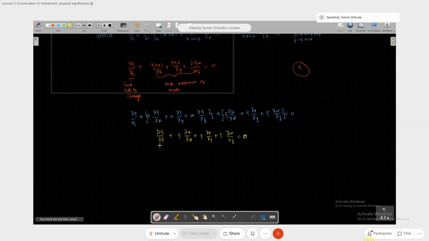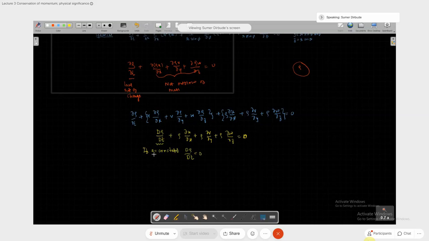And from the definition, if ρ is constant, then the derivative of the constant, dρ/dt, is 0. So this term goes.